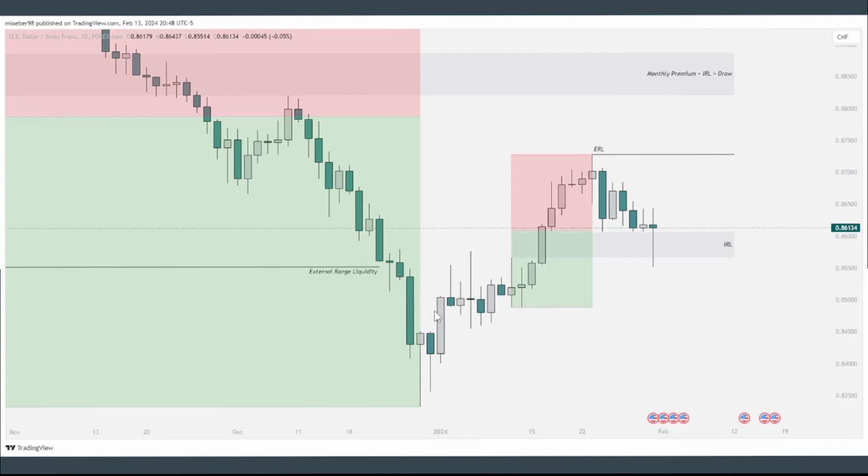So there was no opportunity that gave me high conviction to go long. So I waited, I was patient, and I wanted to hunt the opportunity that was the highest probability to me. And that was this daily bullish fair value gap in discount of the daily dealing range to draw to that external range high. That was for the weekly and the daily.